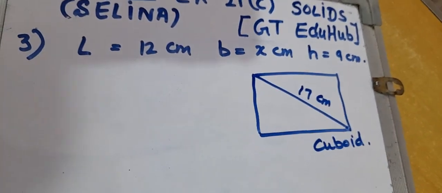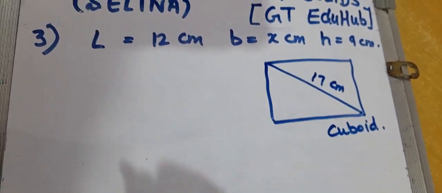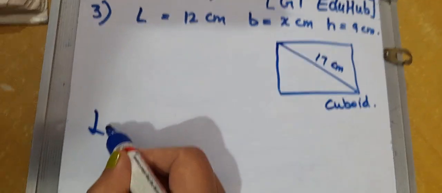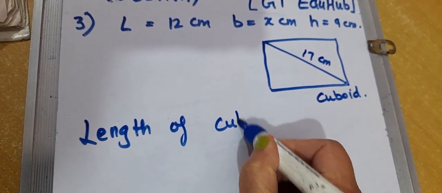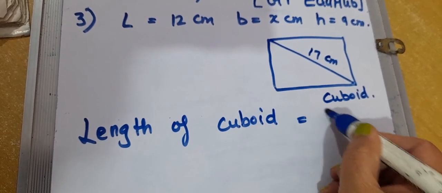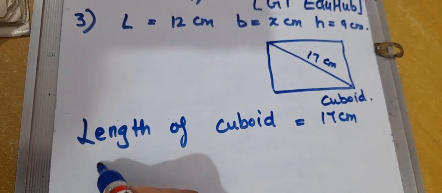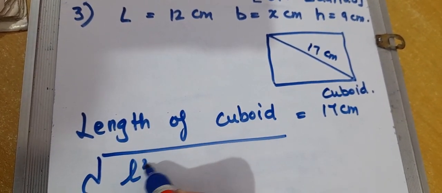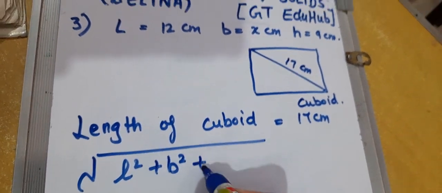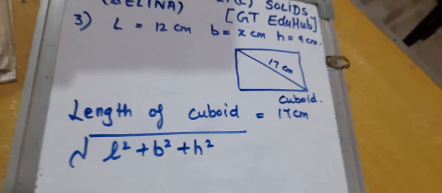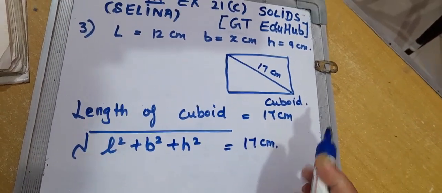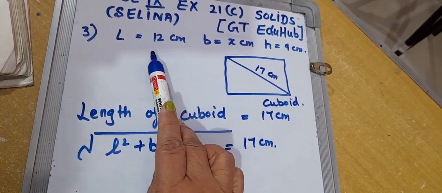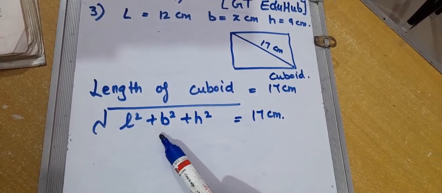To solve this, we will use the formula of the diagonal of a cuboid. We know that the diagonal is given as 17 centimeter, and the formula to find it is root of L square plus B square plus H square. As we have to find the value of x, we will put the values of L and H in this formula.